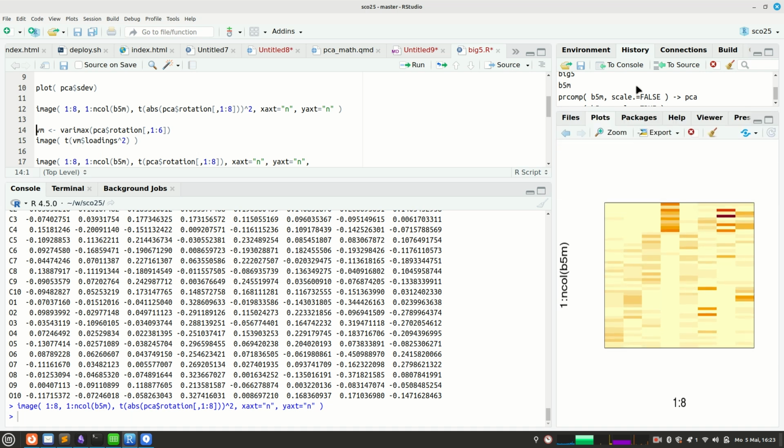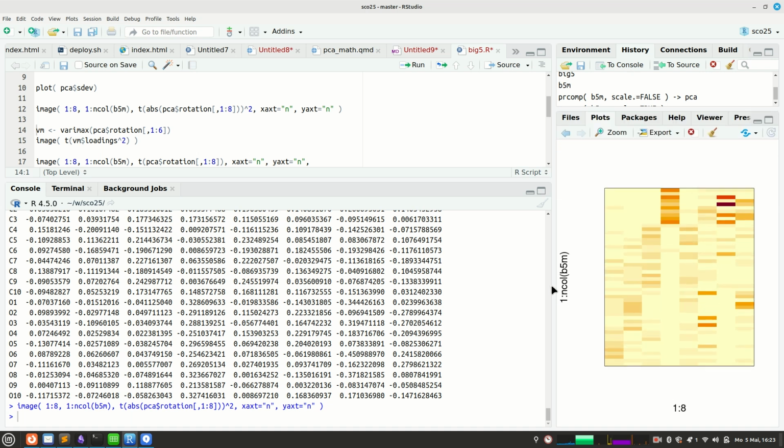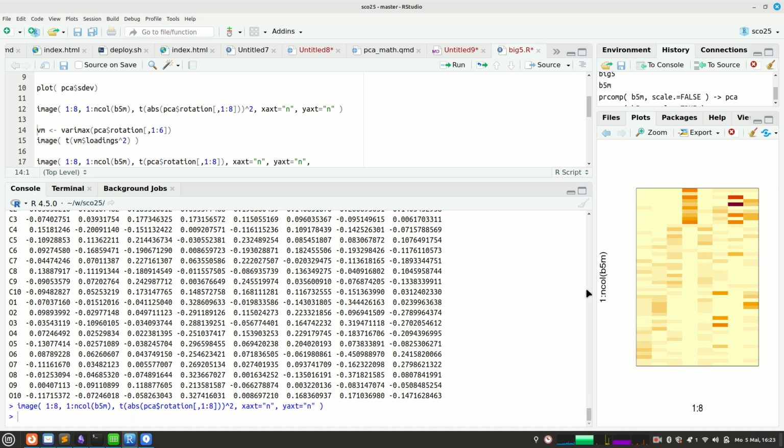And now you can already see what we have here. The rows in this matrix are the questions, the columns are our 8 top principal components.